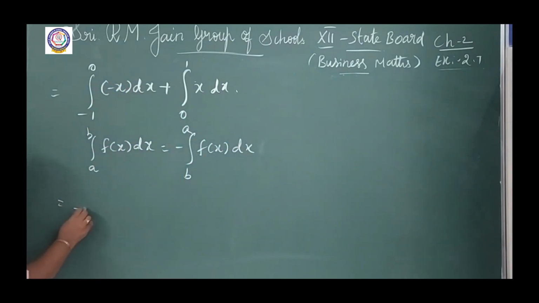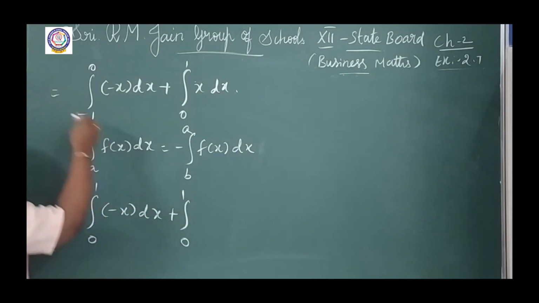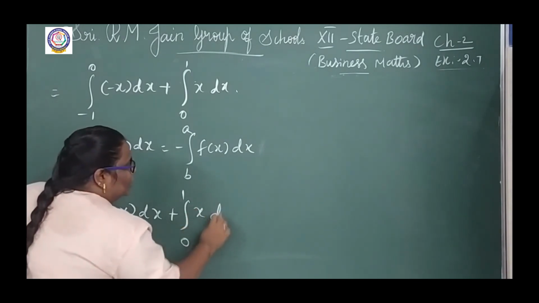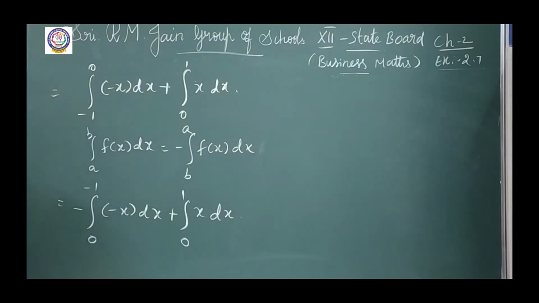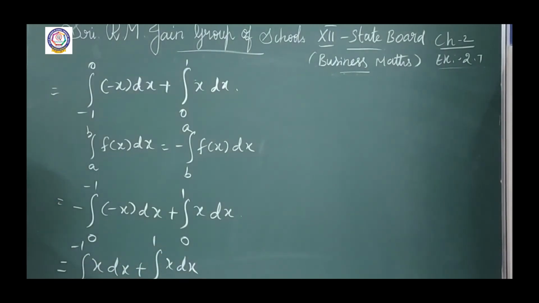It gives minus integral 0 to -1 of -x dx, or otherwise you can proceed as it is, no problem. You get the same value. So, minus into minus becomes plus. So, integral 0 to -1 of x dx plus integral 0 to 1 of x dx.